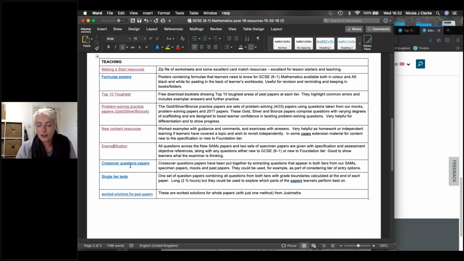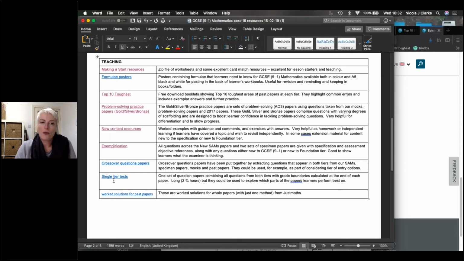As an alternative to that, or as an opposite to that, Graham has also combined foundation and higher papers into a single tier test, with just one set of crossover questions in the middle. So they're very long, about 2 3/4 hours, and very difficult to run in a lesson.